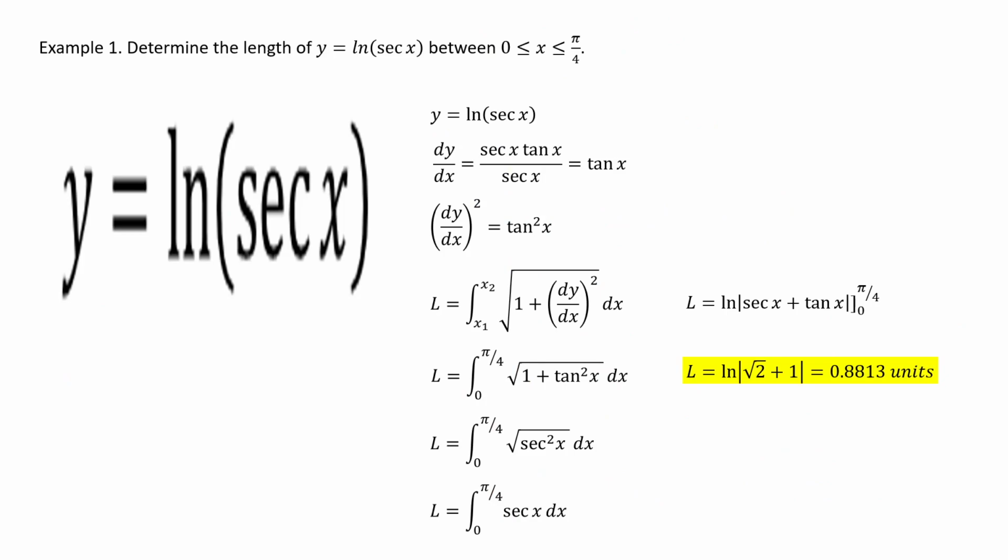Right, so this is the equation, I mean the solution. You may stop at this point only, or if you don't want to simplify further, you can use the calculator to get 0.88 units.